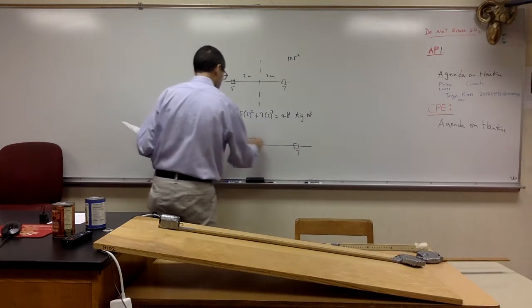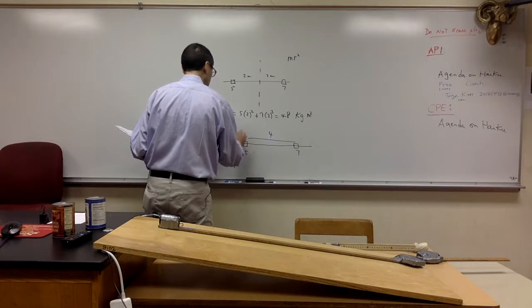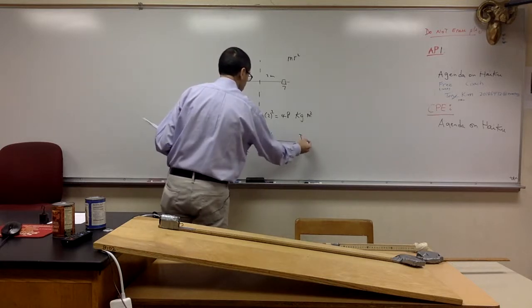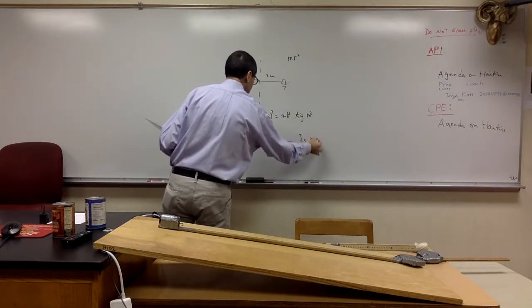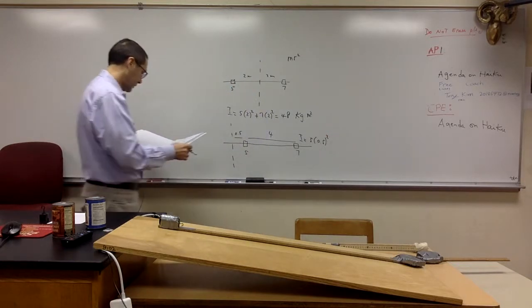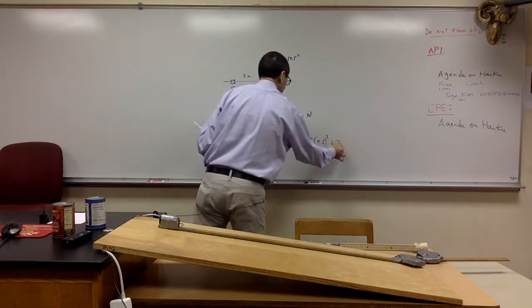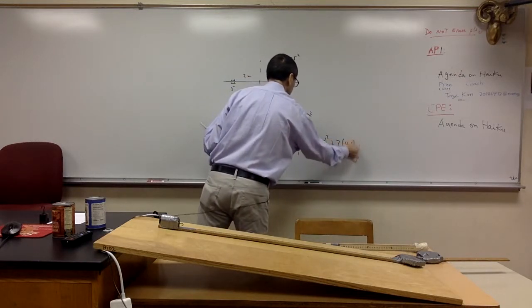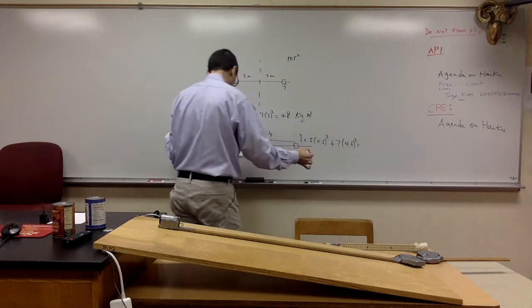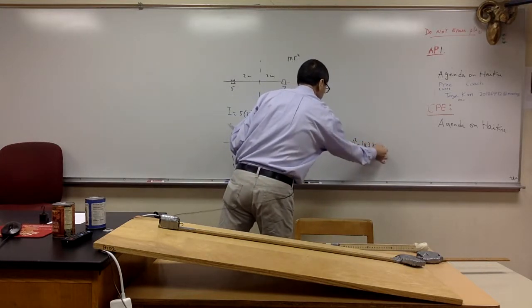Okay, this distance here is 4, and this distance is half. So the I for this one is just going to be 5 times 0.5 squared. So this dotted line is the axis of rotation, plus 7 times 4.5 squared. Now if you do the math there, you should get 143 kilograms times meters squared.